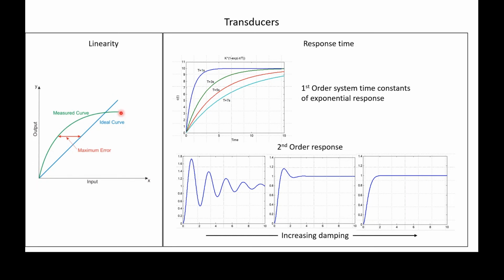We can fix this in our computer. If we know that it should be straight, we can straighten it out. So we can deal with that, but we should know that our transducer is not linear. What about how fast it can respond? Because it will have a frequency response. It will have its own bandwidth over which it can respond correctly.